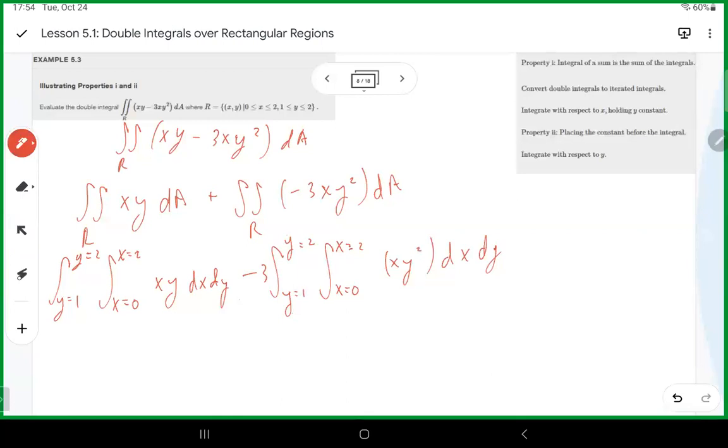So for a little bit, you're basically working them separately, and then at the very end, you'll pull it all together. So we want to do the first integral. So we're going to leave our outside ones alone.